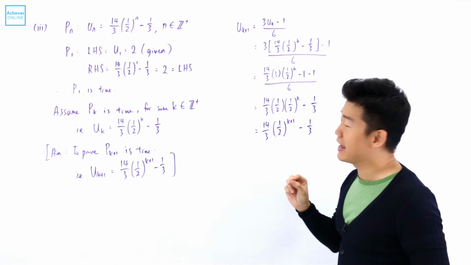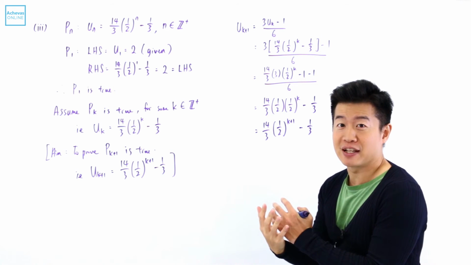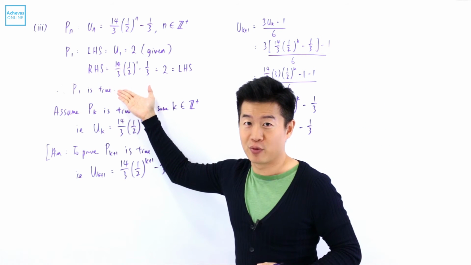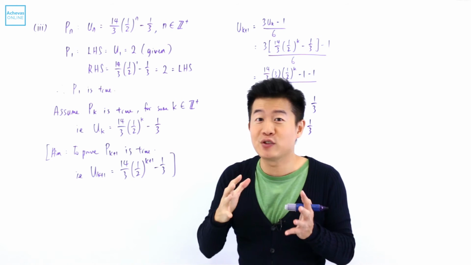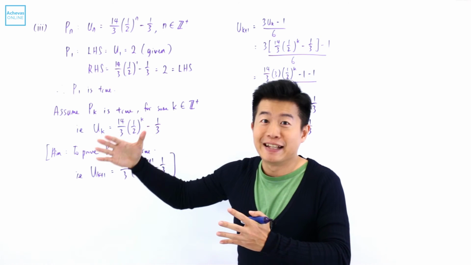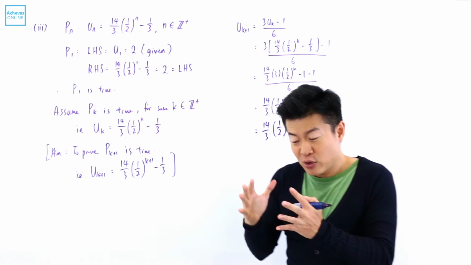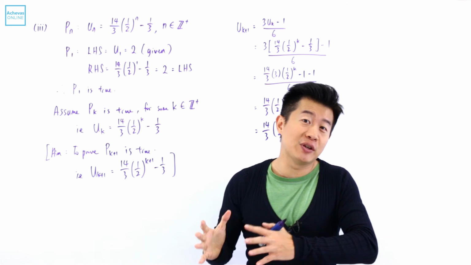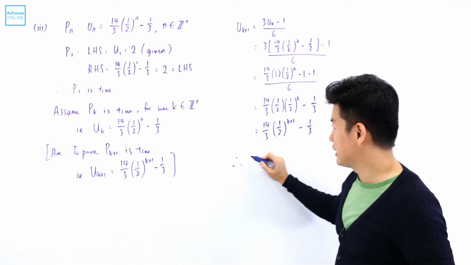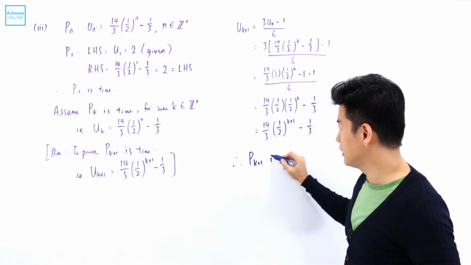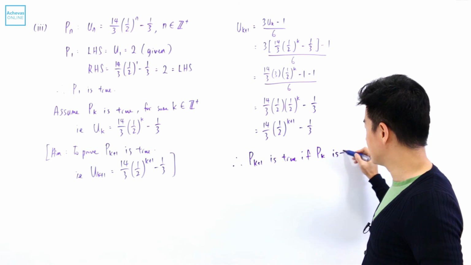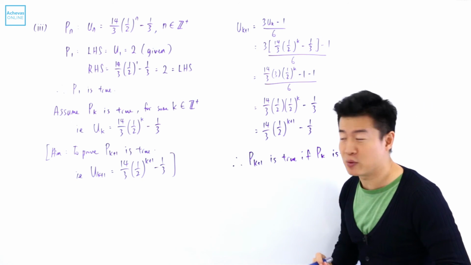As long as I manage to establish a relationship like this, with P1 that we have proven, and at the same time with this relationship that I've also proven, together it tells me that if P1 is true, then P2 is going to be true. So if P2 is true, it will automatically help me to induce that P3 is going to be true. That is why I can now say that Pk plus 1 is true if Pk is true. This is the relationship that we have formed.